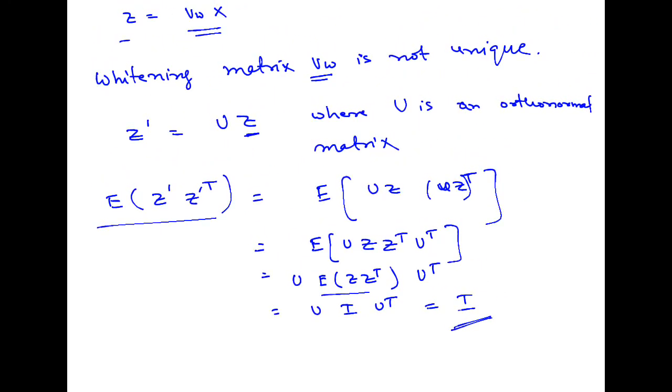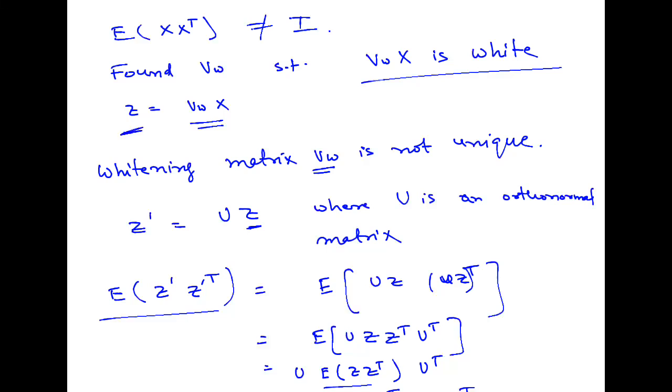So if we have whitened X and converted it to Z, let's do it a little slowly. What do I have? My x was equal to A times s. I whitened it.